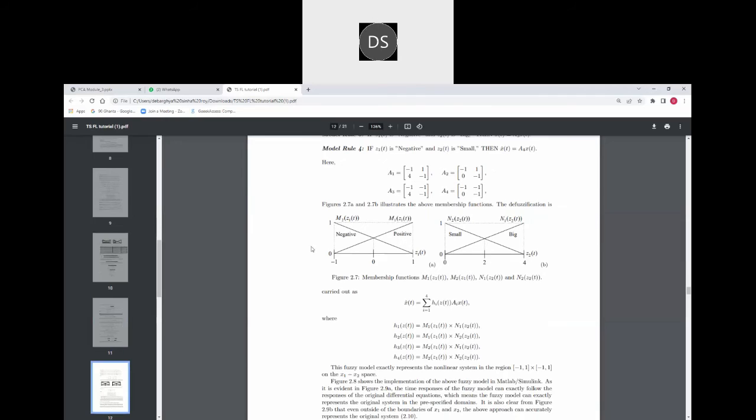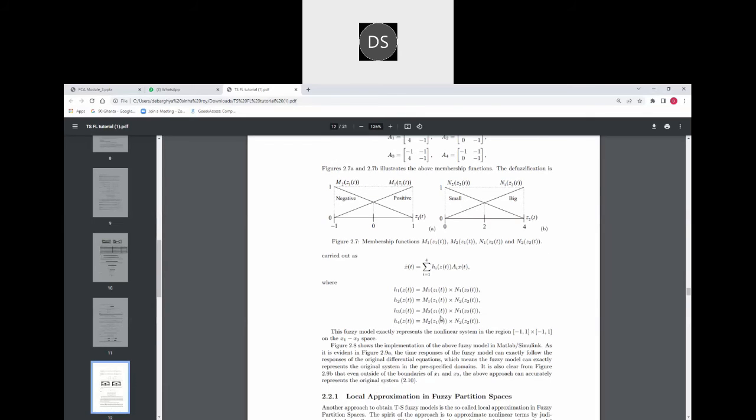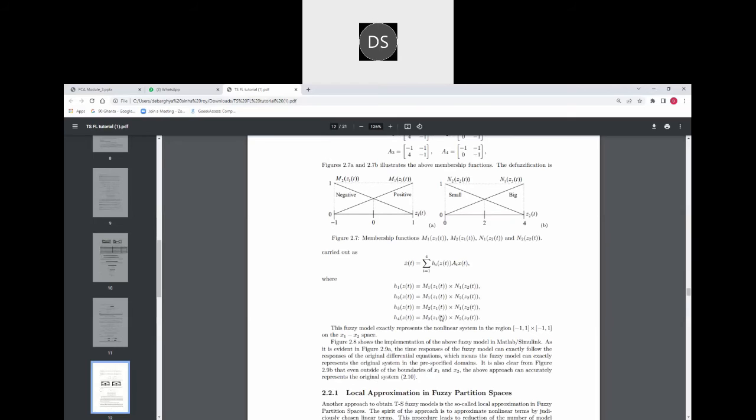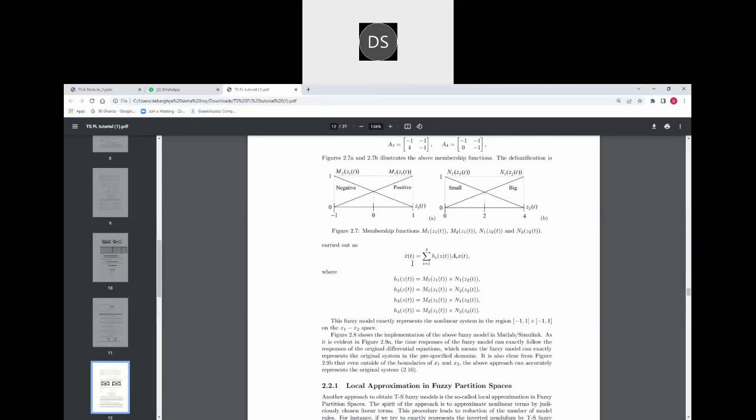So here are the membership functions M1, M2 and N1, N2. Like we did in the last question, we can get x dot(t) as the weight function multiplied by a subsystem into x.